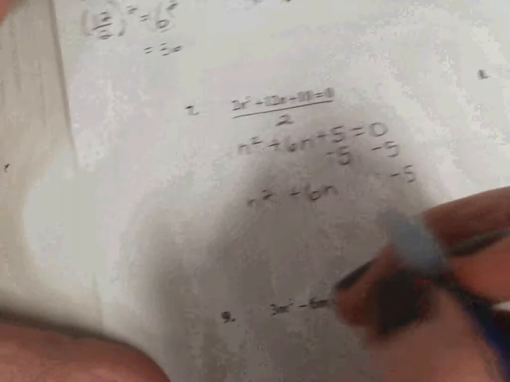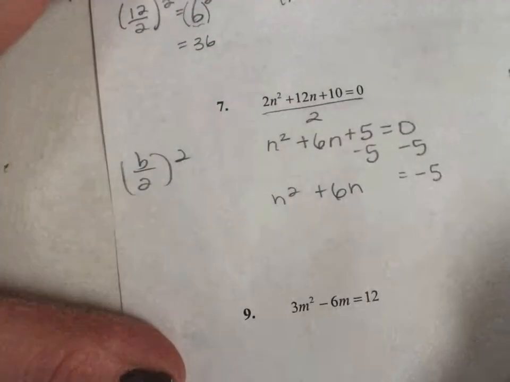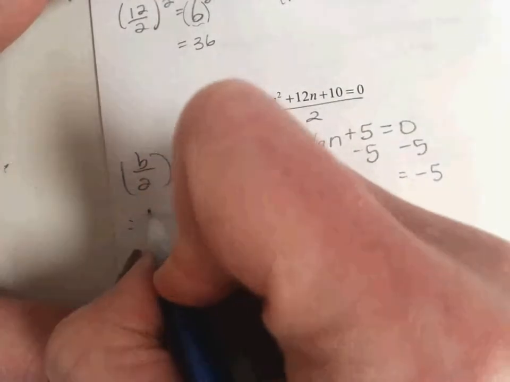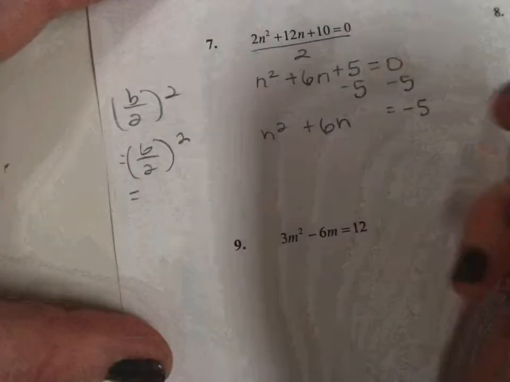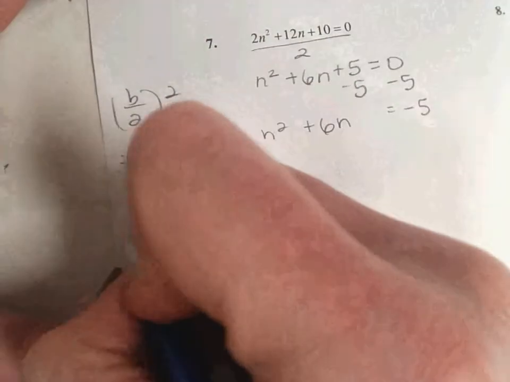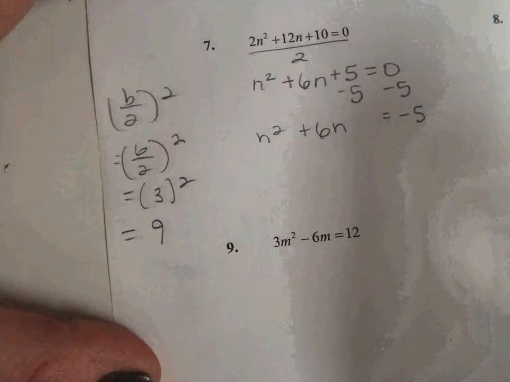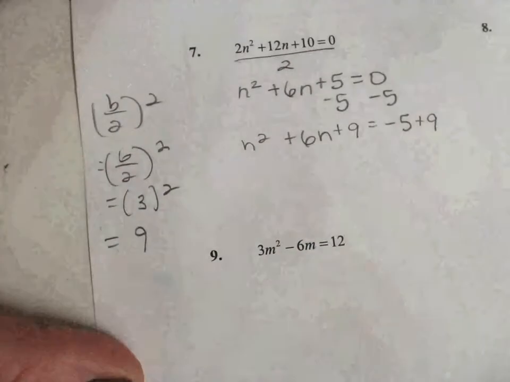We'll divide our b by 2 and square it. So b divided by 2 squared is 6 divided by 2 squared is 3 squared, which is 9. So that's the value we add to both sides.